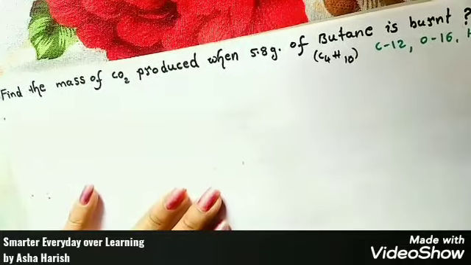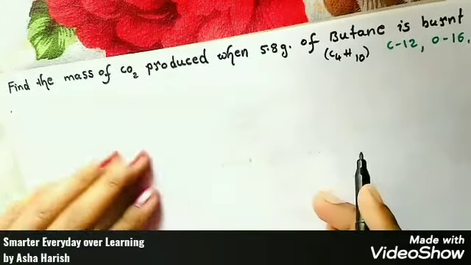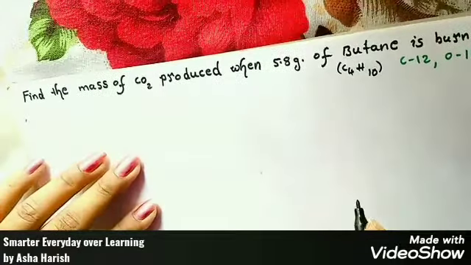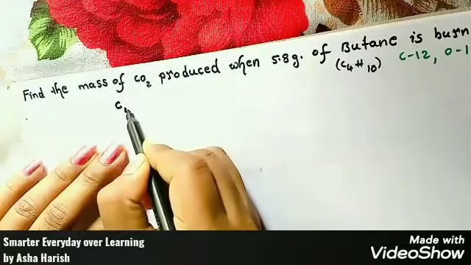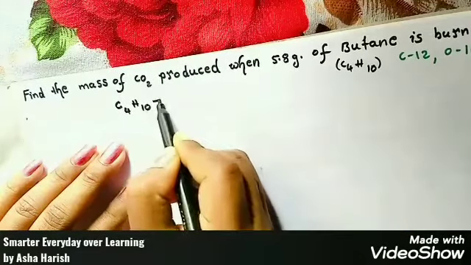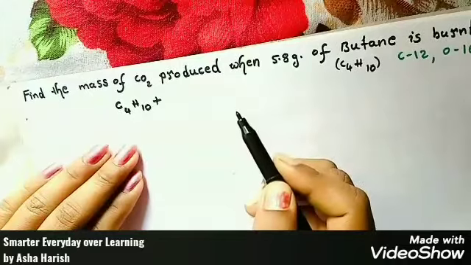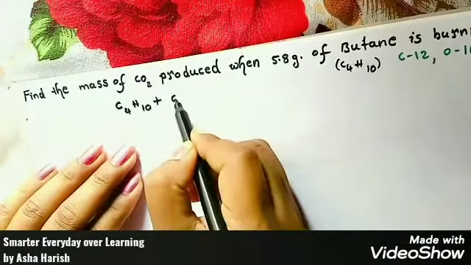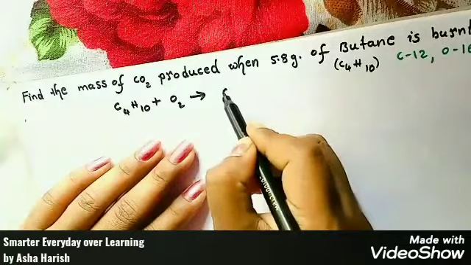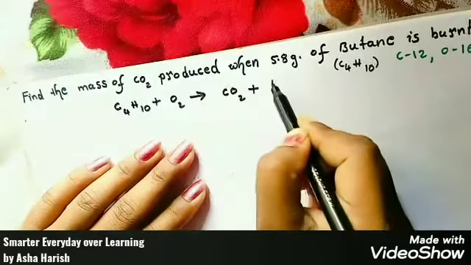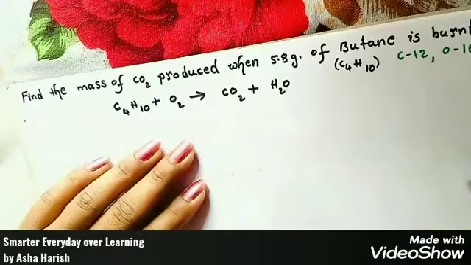So students, for this question, you have to write the chemical equation first. So the butane formula, that is C4H10 plus, this is a combustion reaction, students, so in the presence of oxygen, the final products are carbon dioxide as well as water molecules.